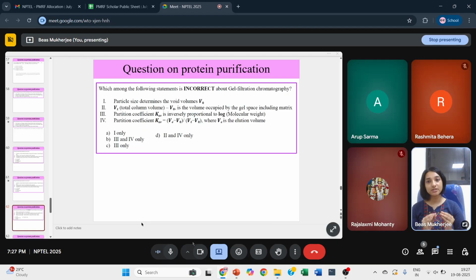Partition coefficient, that is KAB, is inversely proportional to the log of molecular weight. Partition coefficient is equal to this, where VE is the elution volume. So you need to remember the formula. Okay, now which one do you think is incorrect?